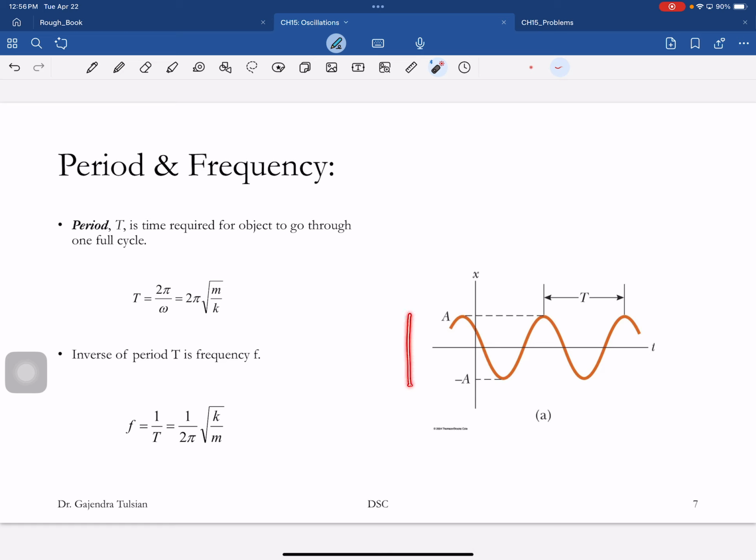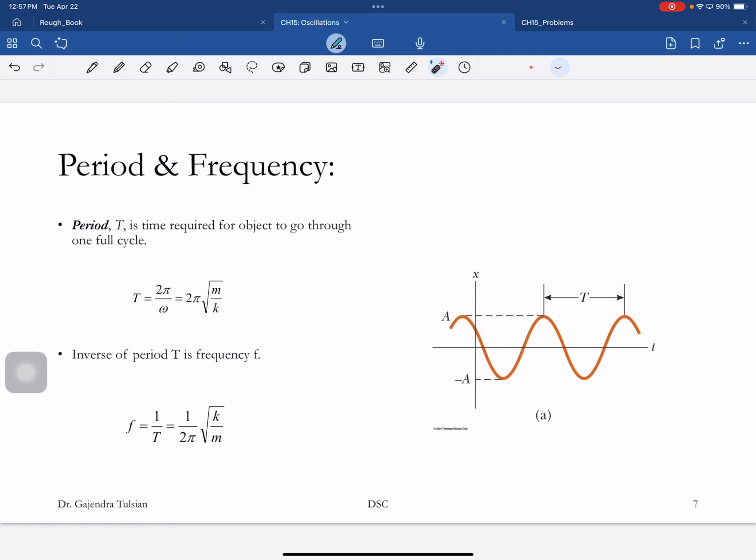The period is 2 pi times the square root of m divided by k, the spring constant. The neat thing about this period is that there is no amplitude information. The time for this oscillation is the same as the time for this one. If the amplitude increases, it compensates and goes faster, so that the period is the same.